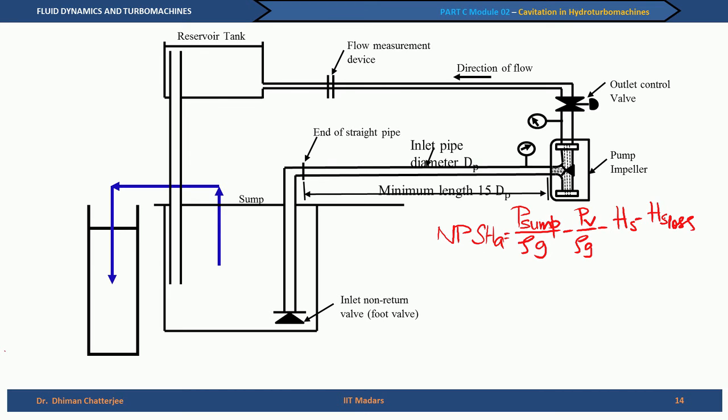So, you see, in the previous example what we talked about is this one: we talked about increasing H s loss by throttling the valve. In this example we are trying to increase H s by removing some water. Please note that there is no valve here. So, there is no possibility of the valve cavitating sooner than the pump cavitation.